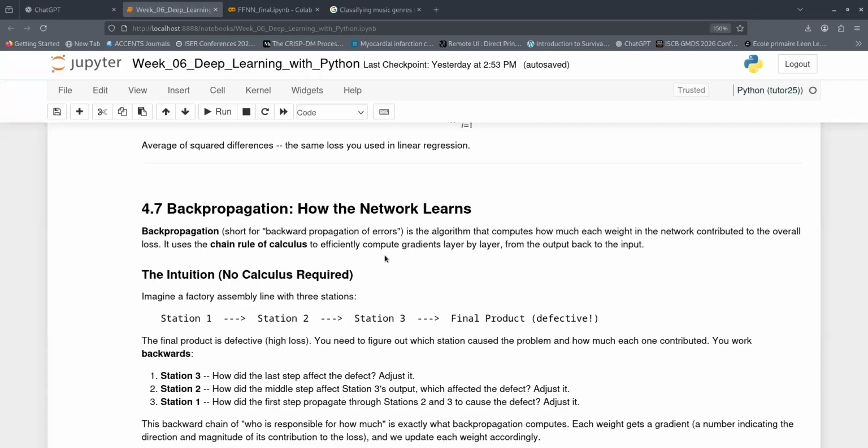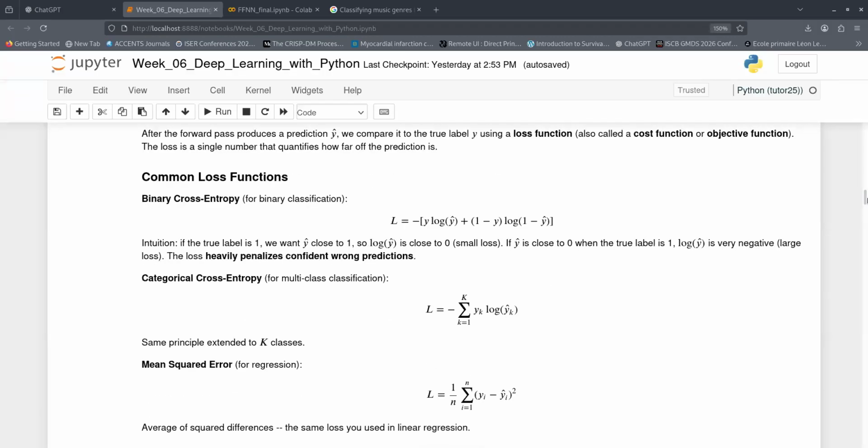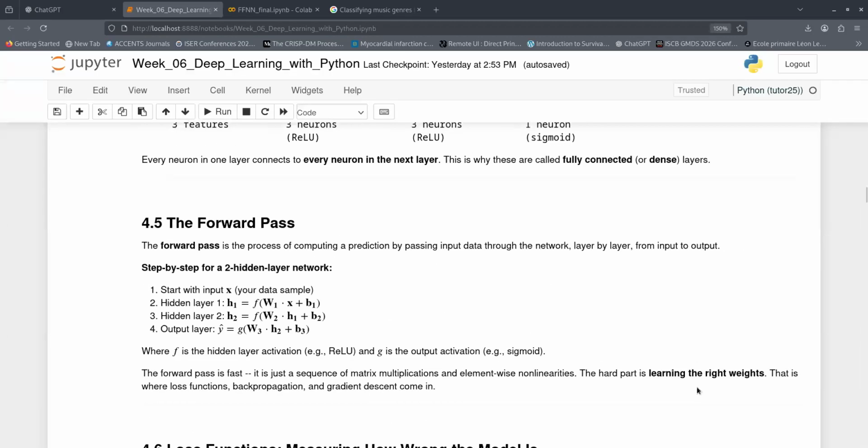The hardest part is learning the right weight. Because for the first weight, W1, we initialize it randomly. But for W2, W3, it just adapts itself with the model, taking some value based on the forward pass.